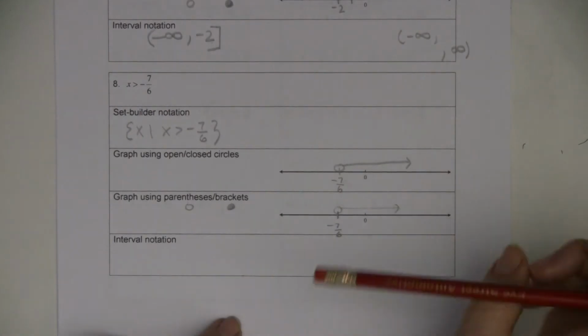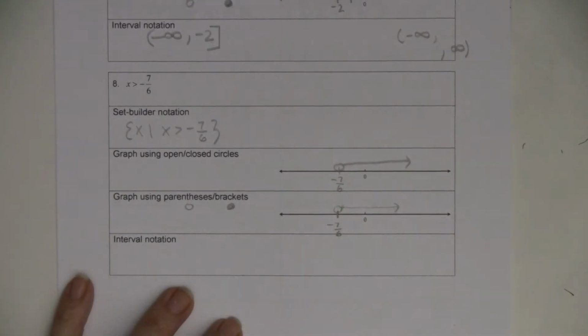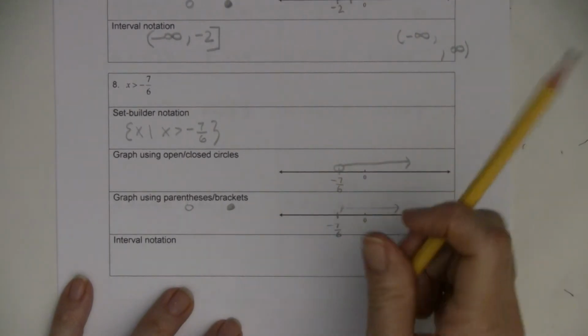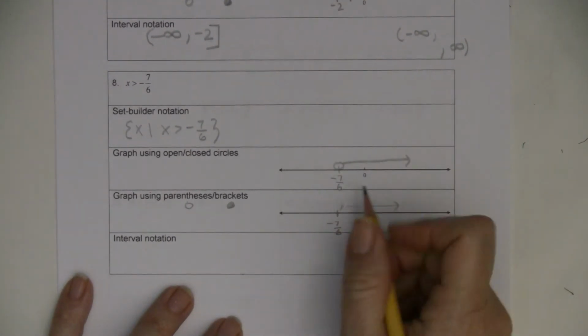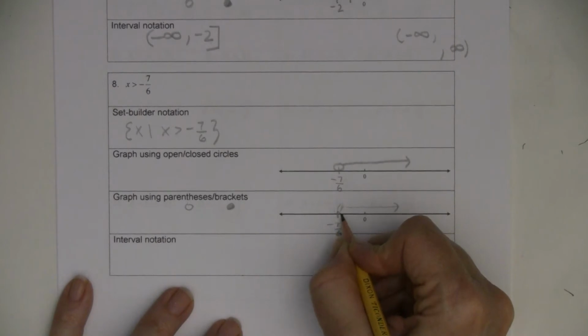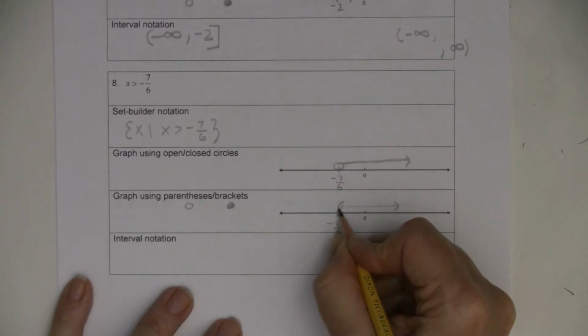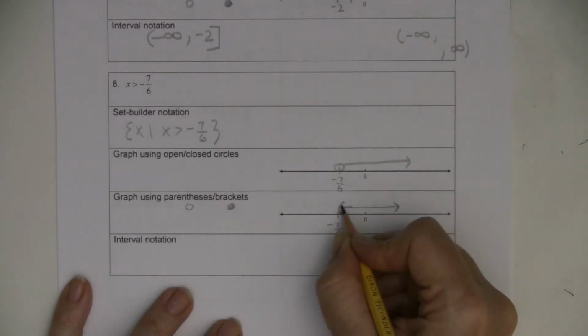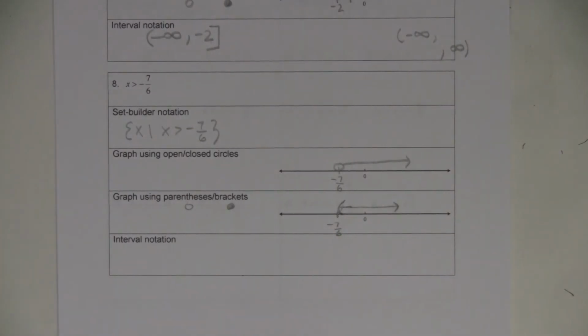So since I had open circle right here, I'm going to have a parenthesis right here. Oftentimes people try to make it look like it's half a parenthesis and half a bracket, so you have to really make sure that it's clear what you've got.